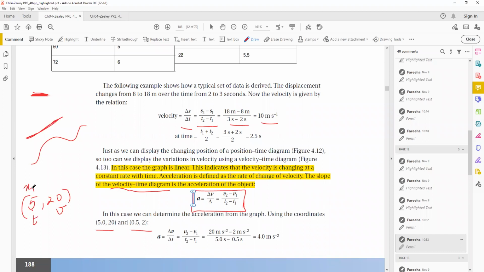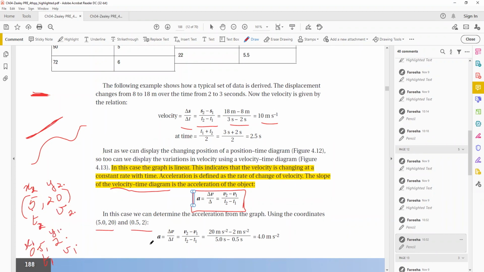This is x2 and this is y2. If you plot the graph, you will see that this corresponds to this point. And 0.5 and 2 means this is T1 and this is V1, or in coordinates, this is x1 and this is y1.